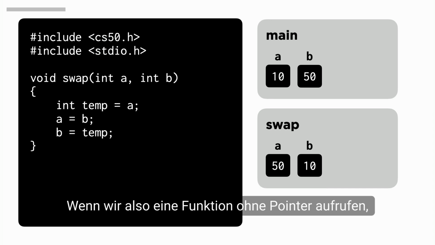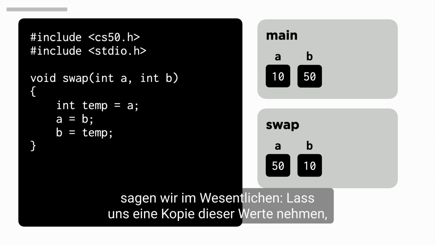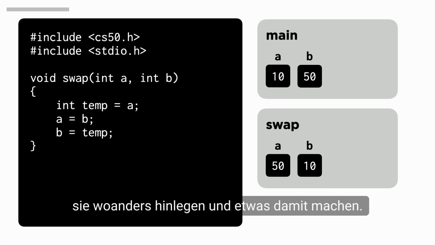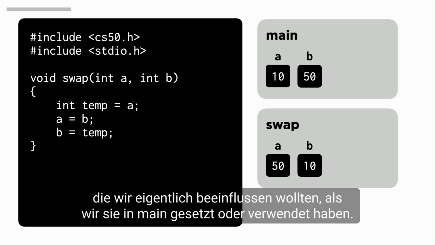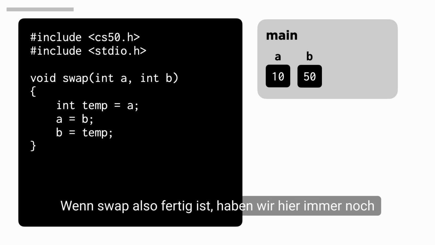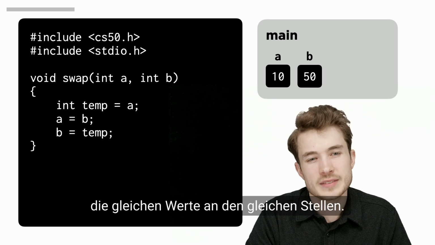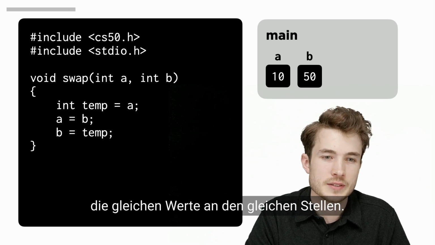So if we call a function without using pointers, we're essentially saying, let's go ahead and take a copy of these values, put them somewhere else, and do something to them. We won't actually impact the variables we were hoping to impact when we set them or use them in main. So once swap finishes, we're still left here with the same values in the same places.